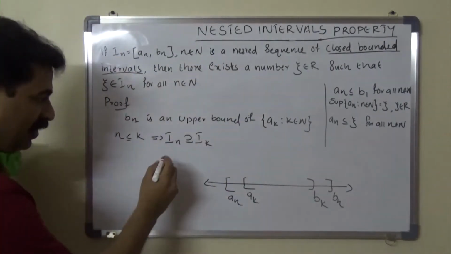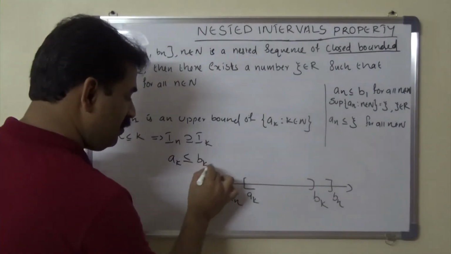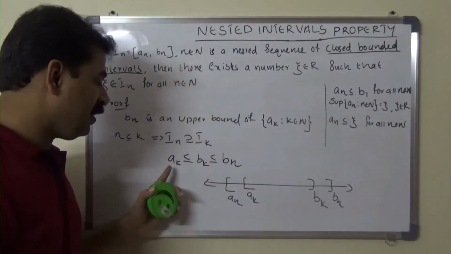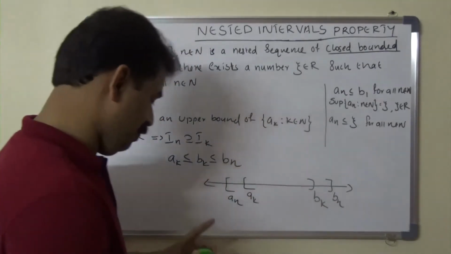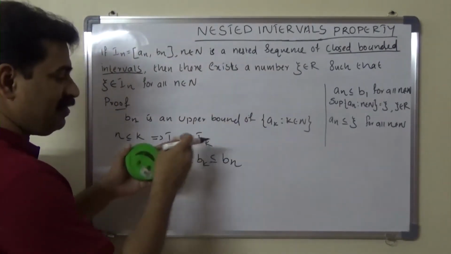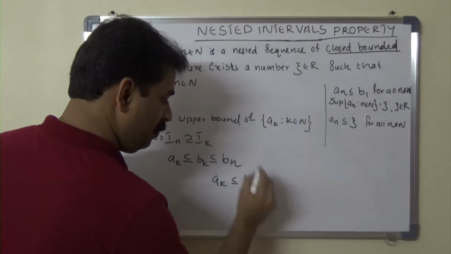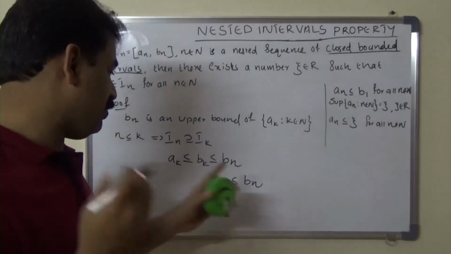That means we can write AK is less than or equal to Bn.